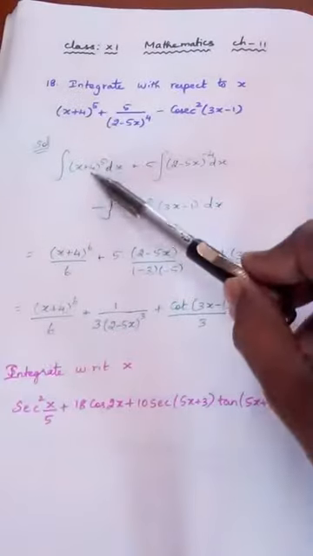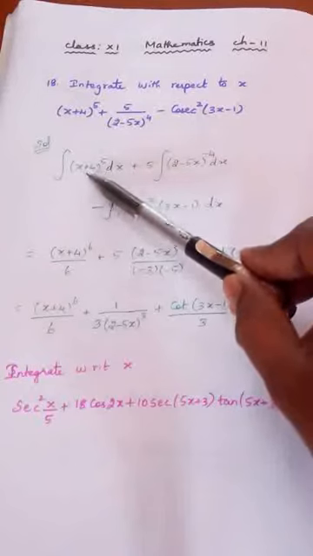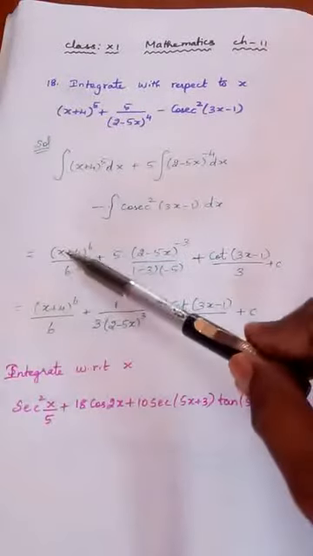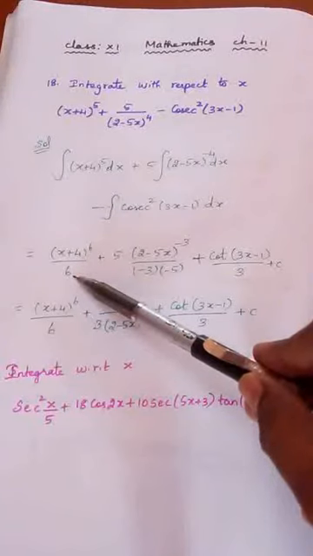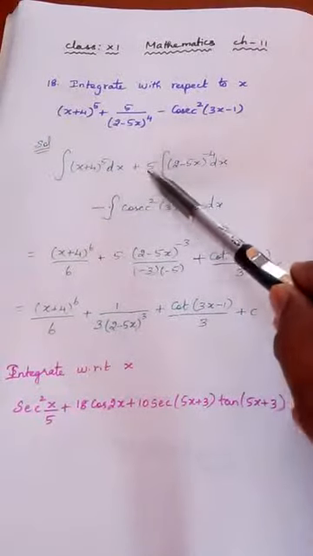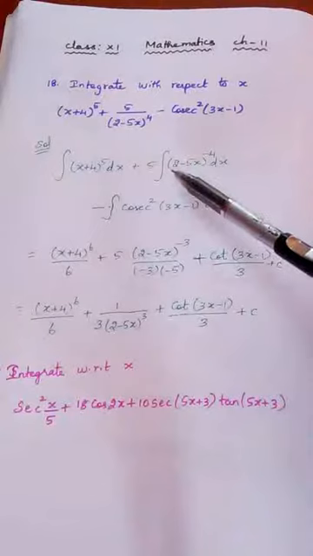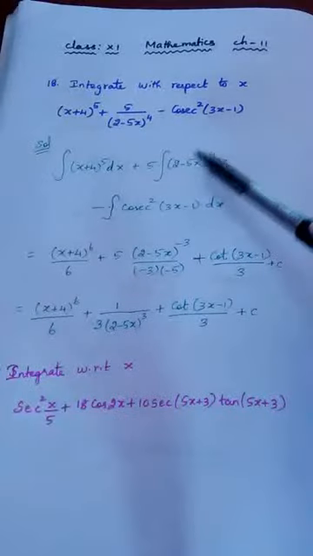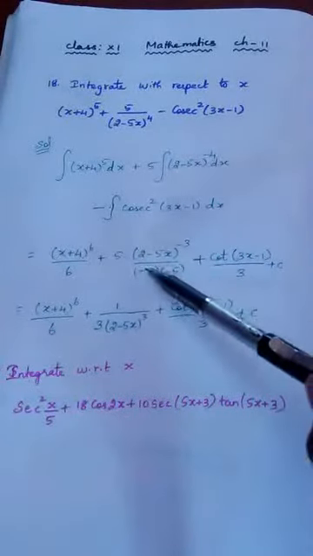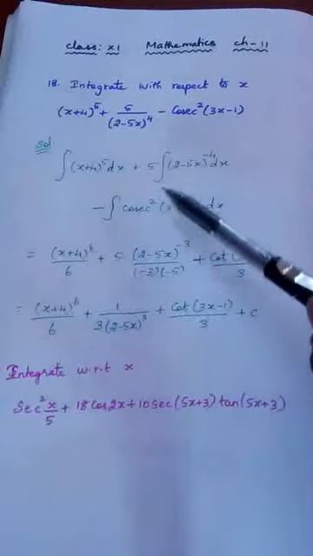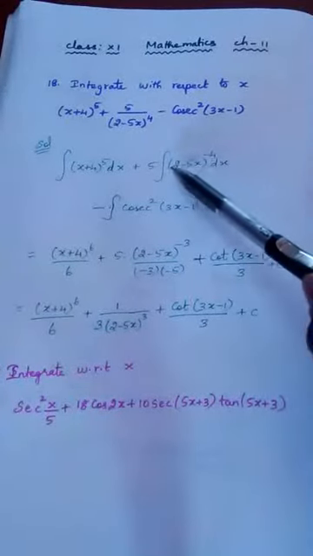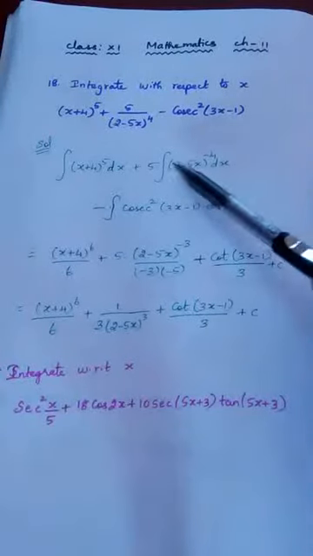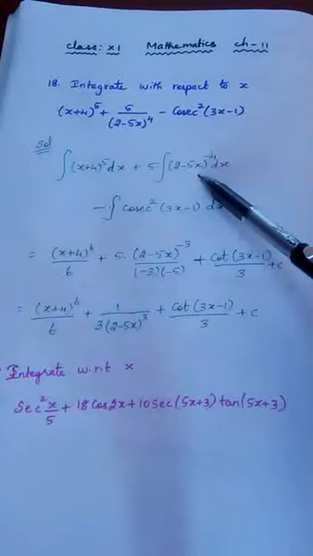Now using the x power n formula, integral x^n = x^(n+1)/(n+1). So everything is based on the formula, plus 5 into, see, x power n formula. So x^(n+1)/(n+1), but in place of x, 2 − 5x is present. So differentiate this once again, 2 becomes 0, −5x will give you −5.